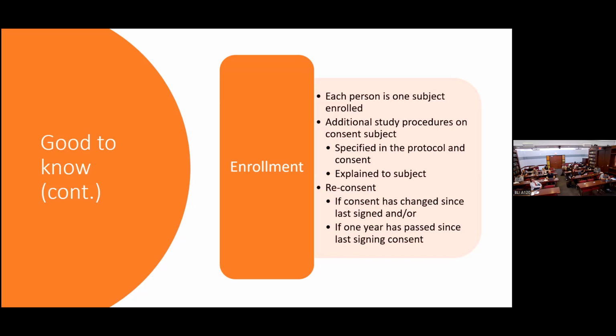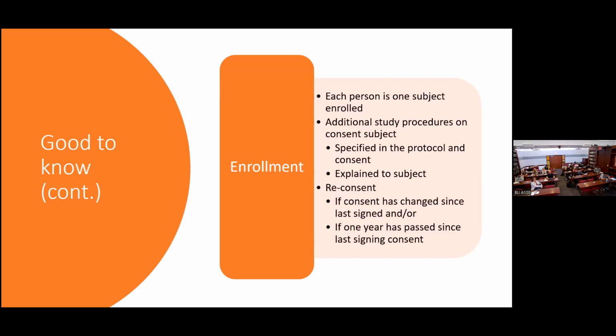Hope that makes sense. If you do end up re-consenting the subject, meaning that they're signing the consent form again, there's only 2 reasons why you would want to do that. If you enroll me in 2022, and then you want to bring me back to image another section of my arm in 2023, I need to sign a new consent form.